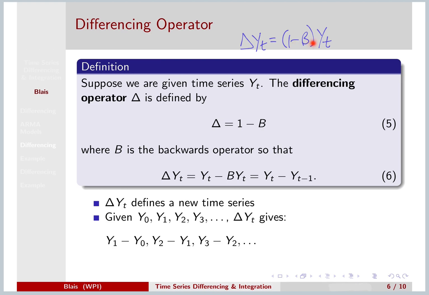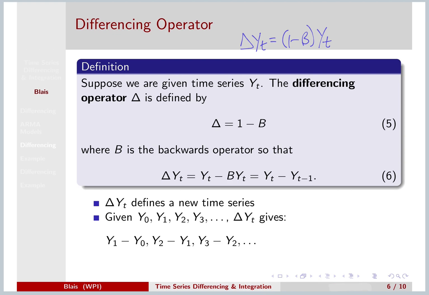And if we distribute this operation, we have y_t minus B y_t. B y_t, by the definition of the backwards operator, is y_(t-1). So we see delta y_t is y_t minus y_(t-1). And the idea is this gives you a new time series.